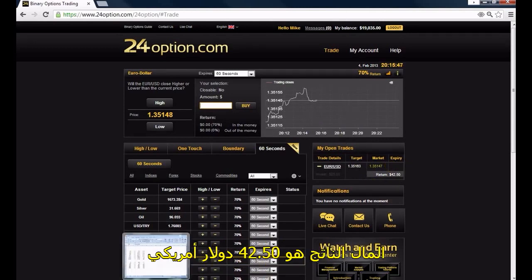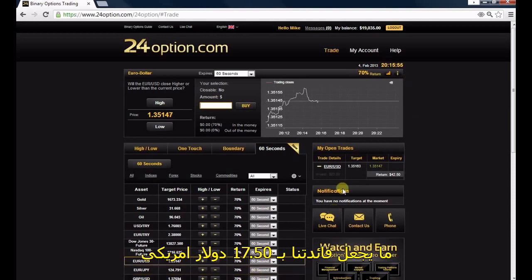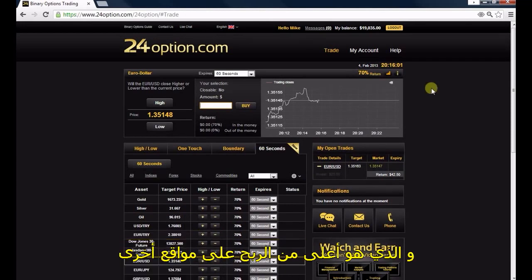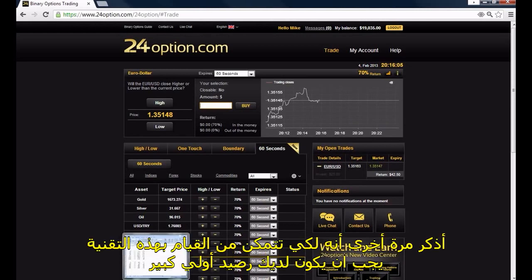So that's $25 that we invested and $42.50 on our return, a profit of about $17.50, which is higher than other platforms. But remember, with this technique you need a higher initial deposit in order for it to work.